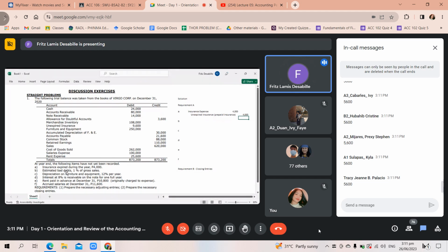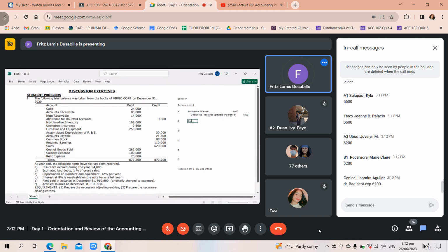Letter B, estimated bad debts 1% of gross sales. Now let's not complicate this one and compute for the 1% of 620,000, how much? That's 6,200. So what's our entry? What's our debit here for letter B for estimated bad debts?